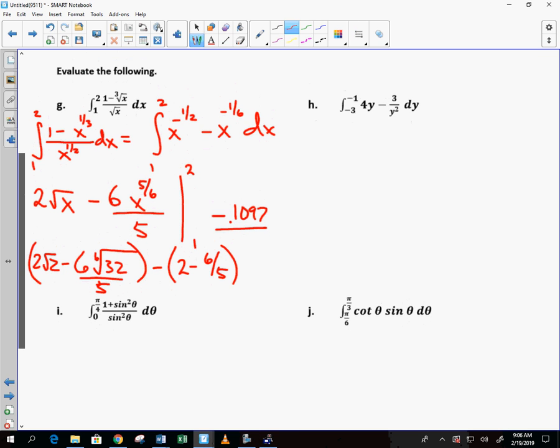Okay, let's look at the second one. What do you want to do here? Yeah, so we're going to write this as the integral from -3 to -1 of 4y minus 3y to the -2 dy.